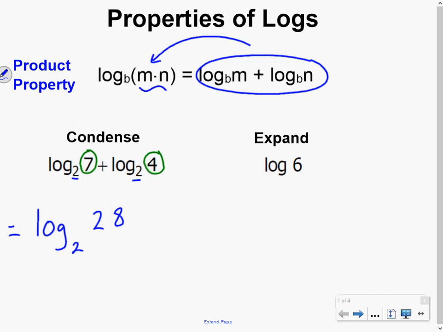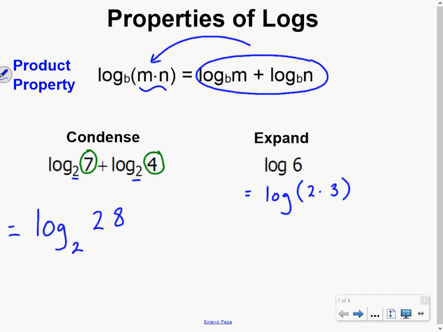And we could try to evaluate this. We're not worried about it right now. I'm just showing you the basic properties. Now, expanding is pulling it apart. So if I have a log of 6, we can think of that as really a couple different things. I could think of it as the log of 2 times 3. Or you could do 6 times 1, whatever two numbers you want to use that multiply to 6.